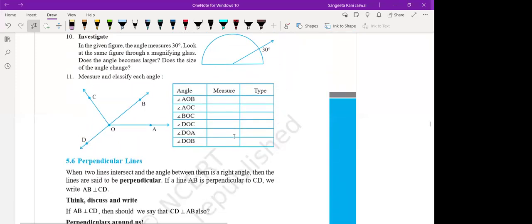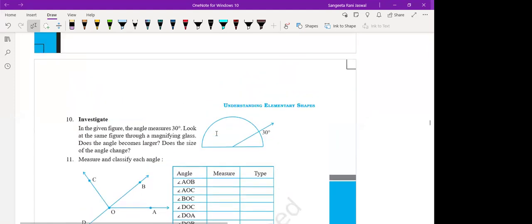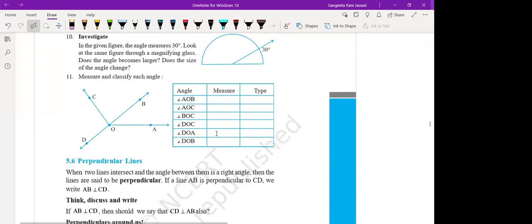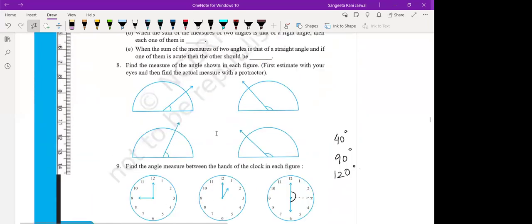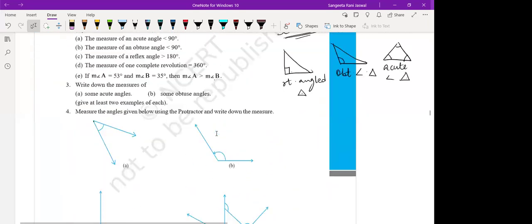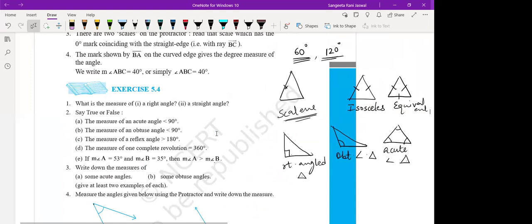Ma'am, I've done it, but my camera is not working. Should I send it on WhatsApp? Okay, Bhavesh. Good. That's good. And you should always name the angles, okay? A, B, C, whatever. Ma'am, should I send it on WhatsApp after the class? Okay, okay, beta.